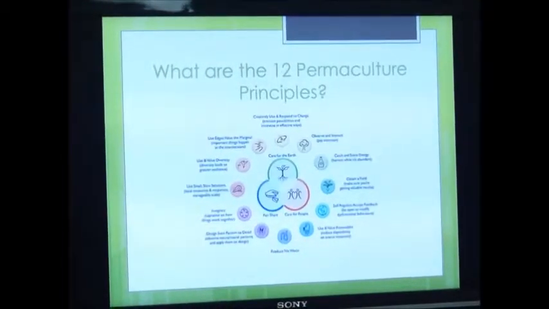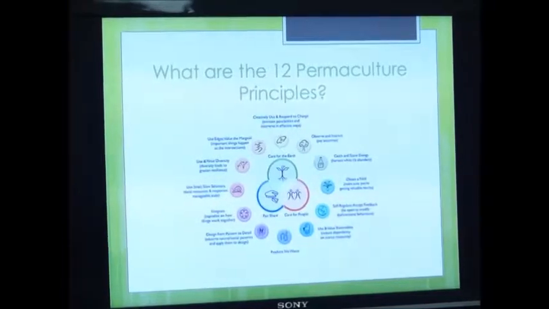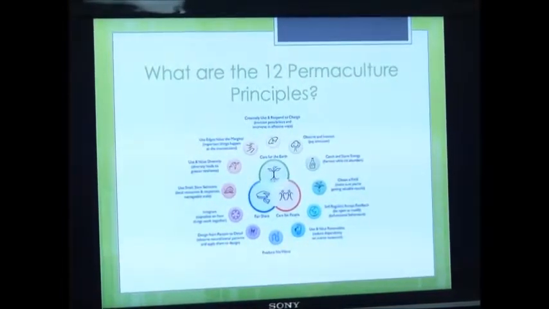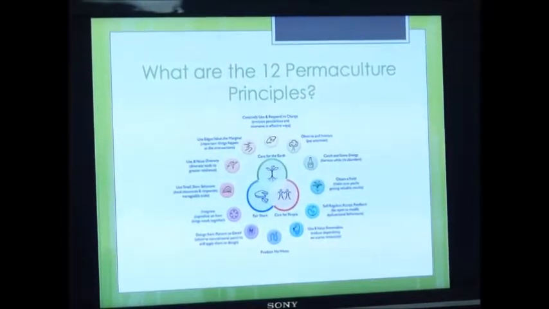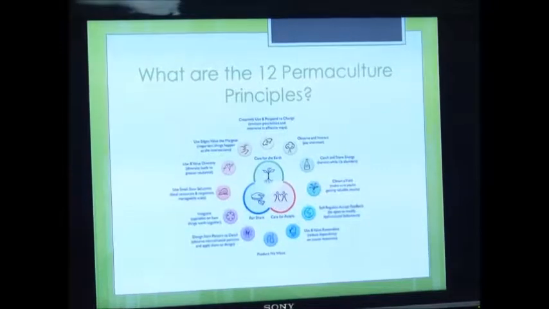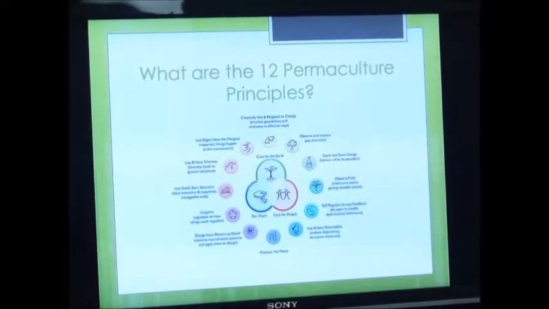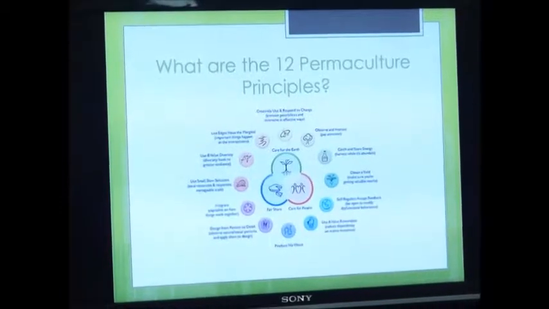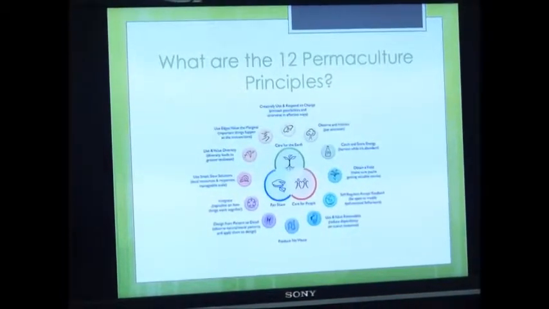Use small, slow solutions, so that gets again into the modeling and not going really big right off the bat before you work the kinks out of it. Value diversity works in with integration on how things will work together in order to provide a more sustainable environment.